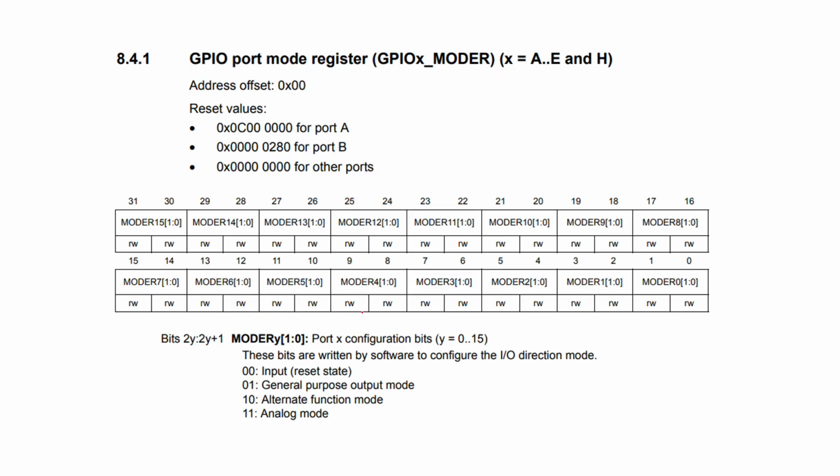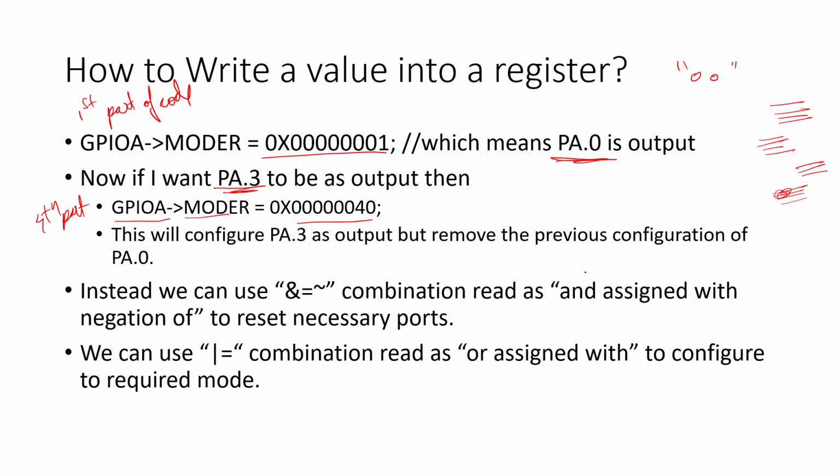Why? Because if you want PA.3 as output, you have to convert this as 01. If you convert into hexadecimal, this will directly result in 0x40.